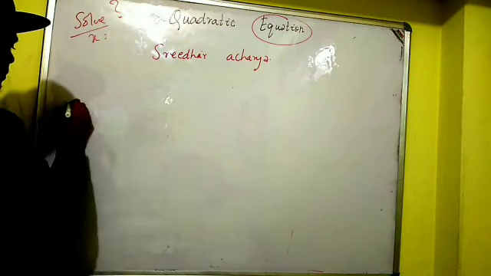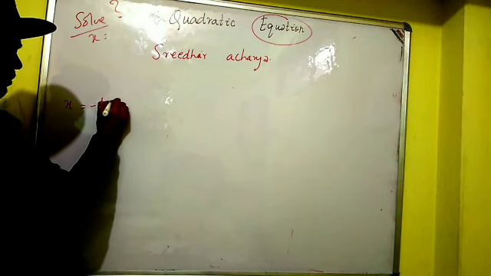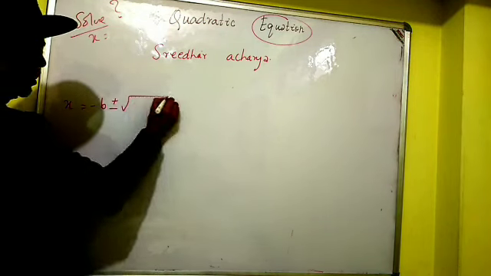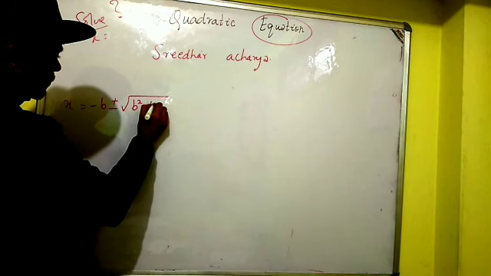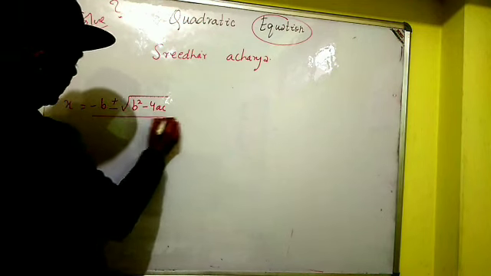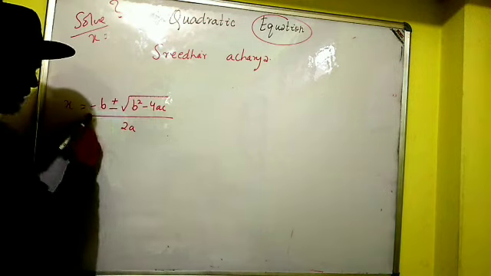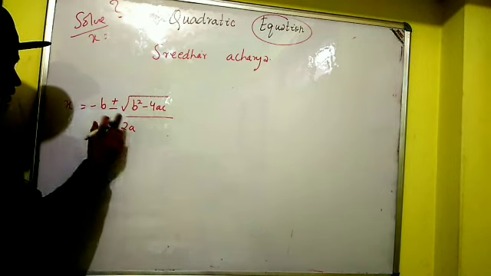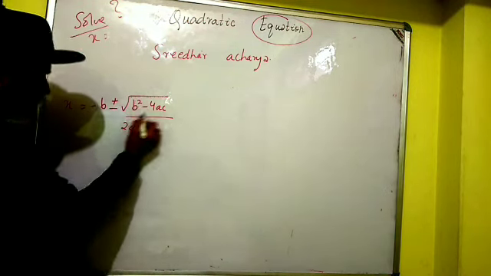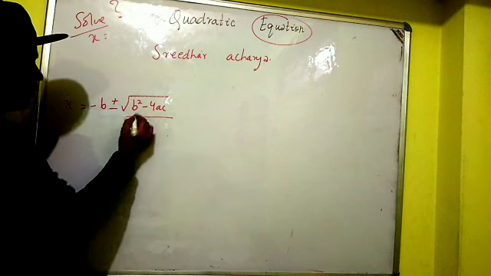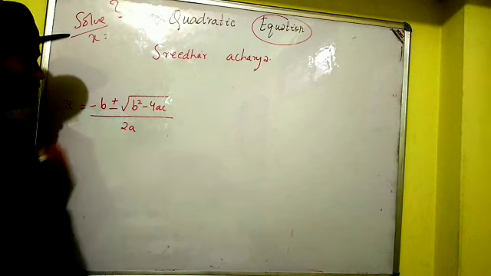And that formula is x is equal to minus b plus minus root under b squared minus 4ac, whole divided by 2a. It has to be whole divided by 2a. Some students write only this part divided by 2a, which is wrong. So it has to be whole divided by 2a.